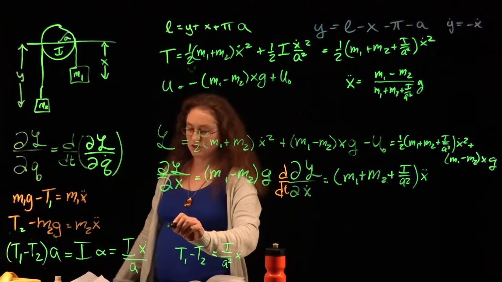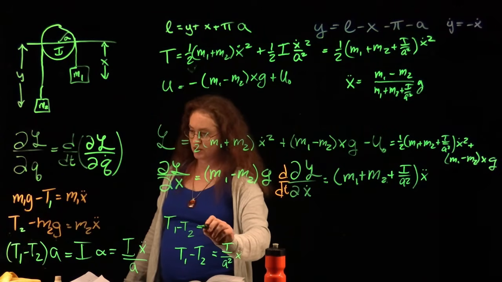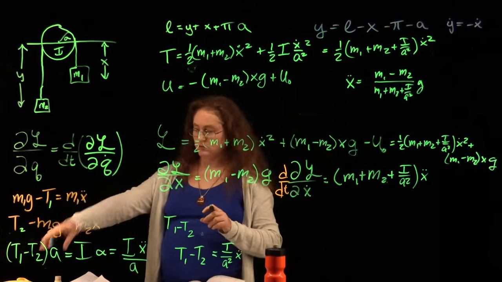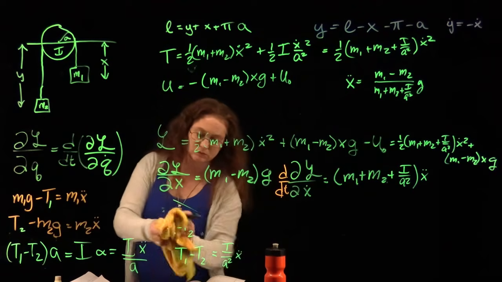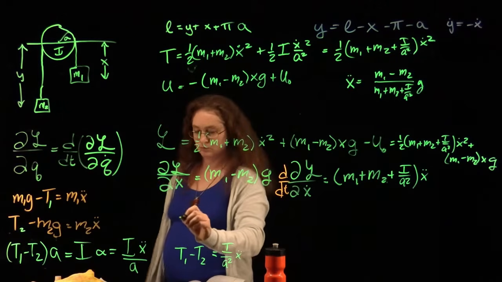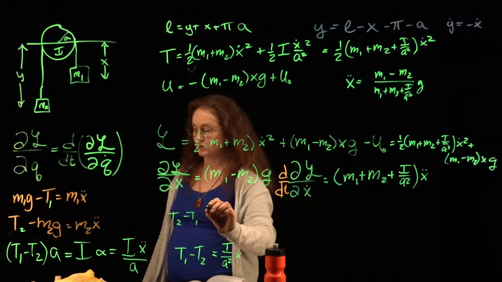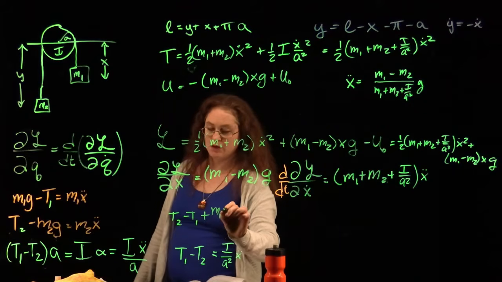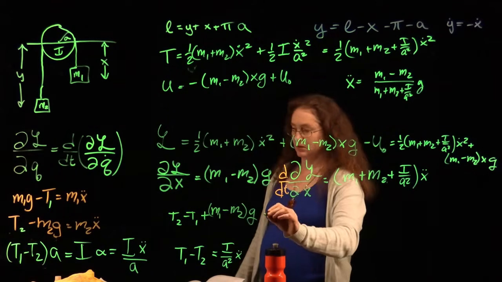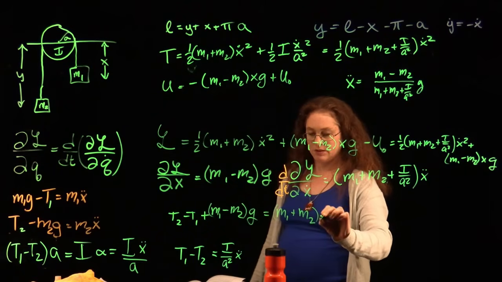The sum of these two equations gives me T2 minus T1 plus M1 minus M2 times G equals M1 plus M2 times X double dot.